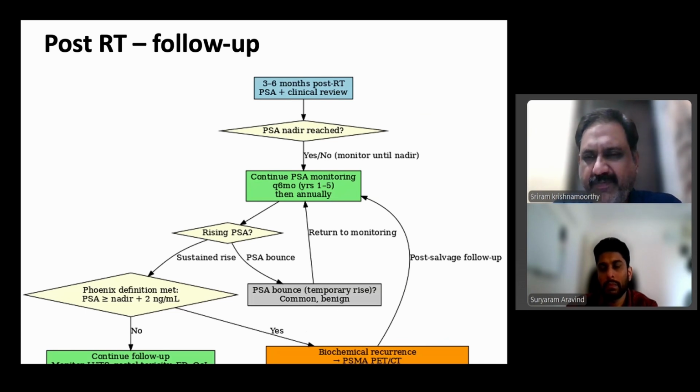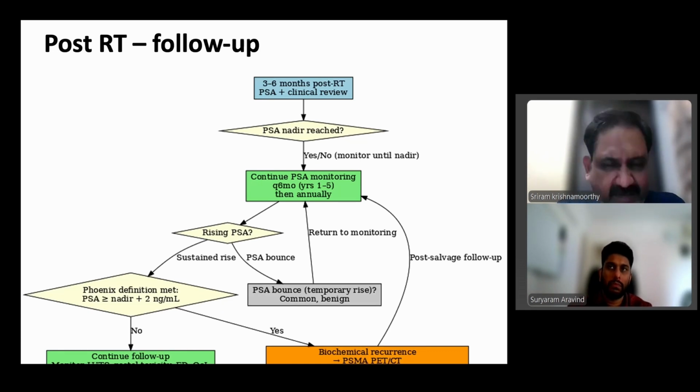The radiotherapy will not bring the PSA levels to undetectable levels immediately. It takes about 1.5 to 2 years for the PSA level to settle down because with radiation there will be some inflammation, with radiation there will be some edema, with radiation there will be some breach of the blood prostate barrier, with radiation there will be some sort of collateral injury to the adjacent structures where healing will not take place properly.